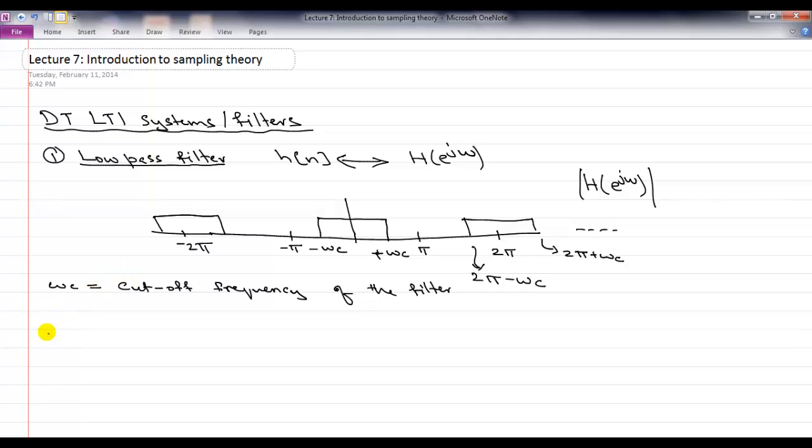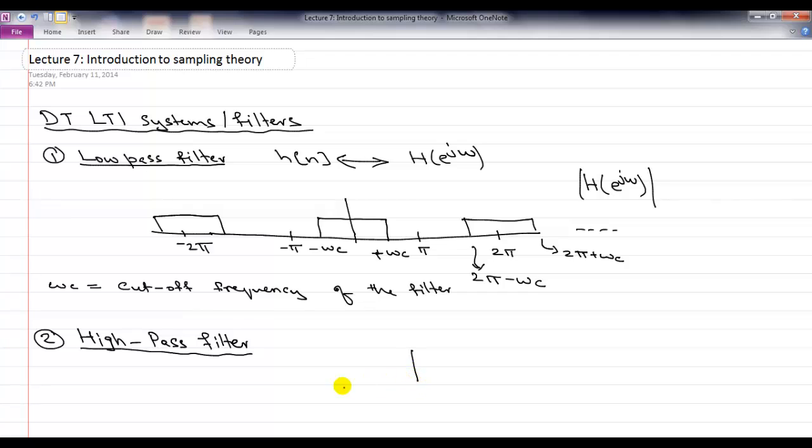Similar to that, there is the concept of a high-pass filter in discrete time. Again, the definition we'll give is in terms of the magnitude response.